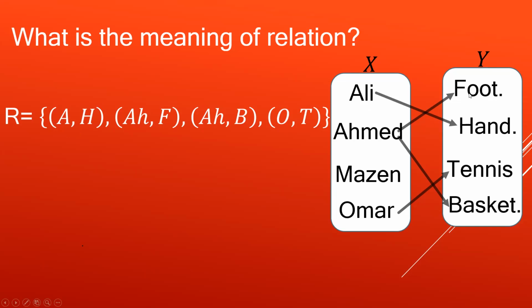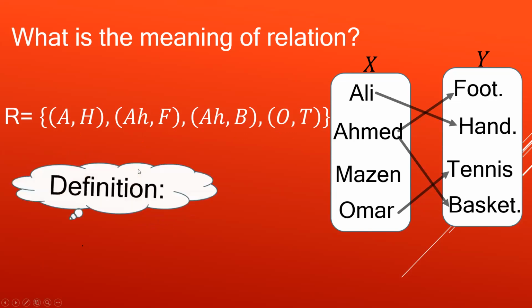Ahmed likes football, so the second ordered pair is (Ahmed, football). Ahmed also likes basketball, so the third ordered pair is (Ahmed, basketball). And the fourth ordered pair is (Omar, tennis). This is called the set of the relation.